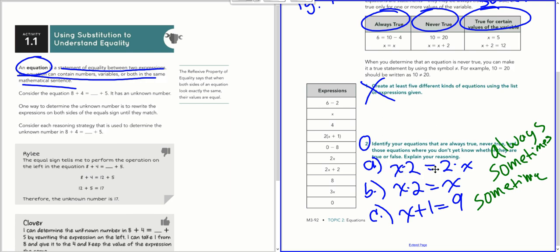And x times 2 is always going to equal 2 times x. And this one looks like it would never be true, because if you take x and you multiply it by 2, it's not going to still equal x, unless x is 0. So that is a possibility. All right, so that would make this a sometimes instead of a never, because there is one possibility which makes it sometimes. And then this one, there's one solution, so it would be sometimes.